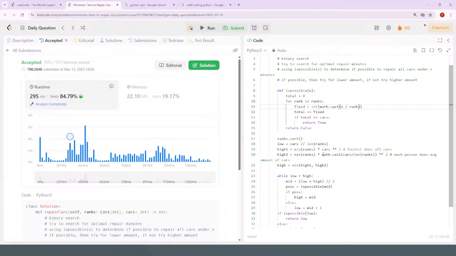Wonder if you can just do, take the number divided by their rank, and then you do the square root of it.